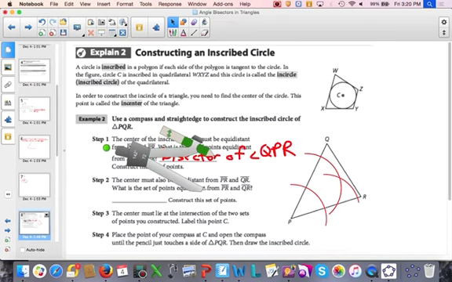Those arcs intersect, so I draw the ray from the vertex of the angle P to the intersection of those arcs. That's a little bit off. Let's see if I can do that a little better.